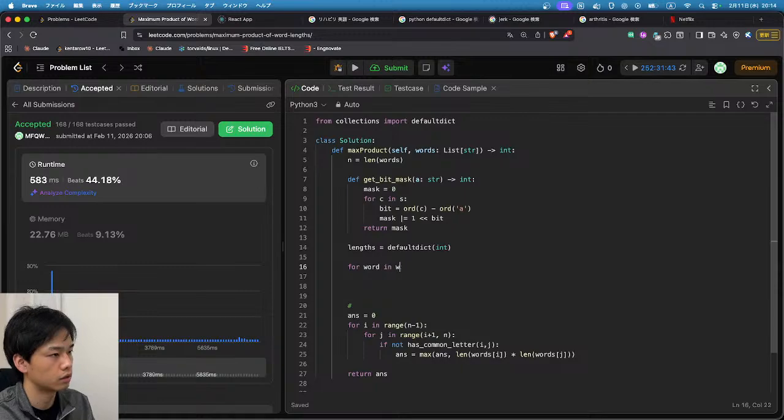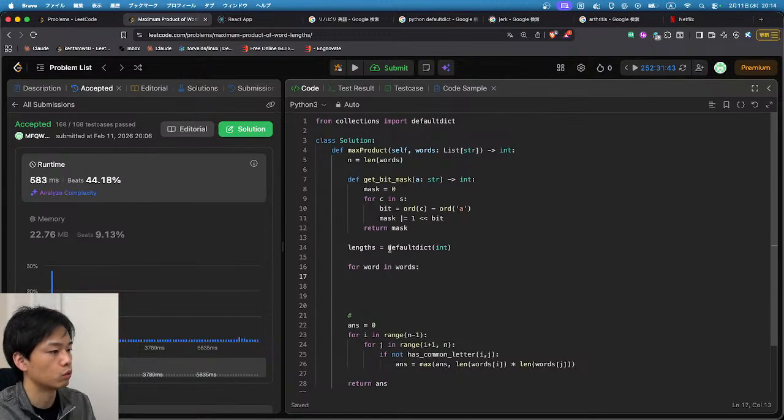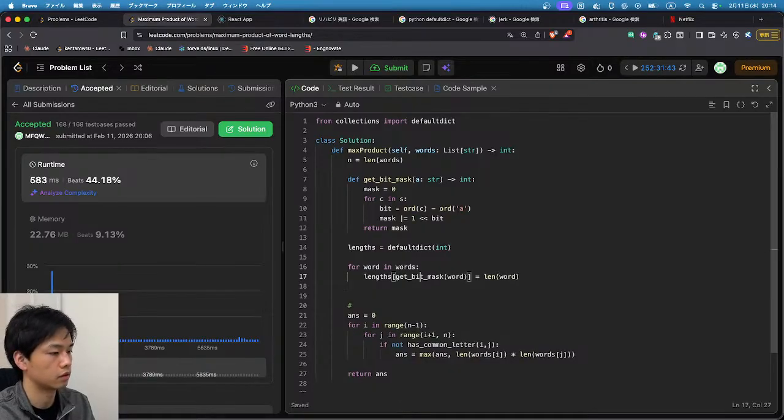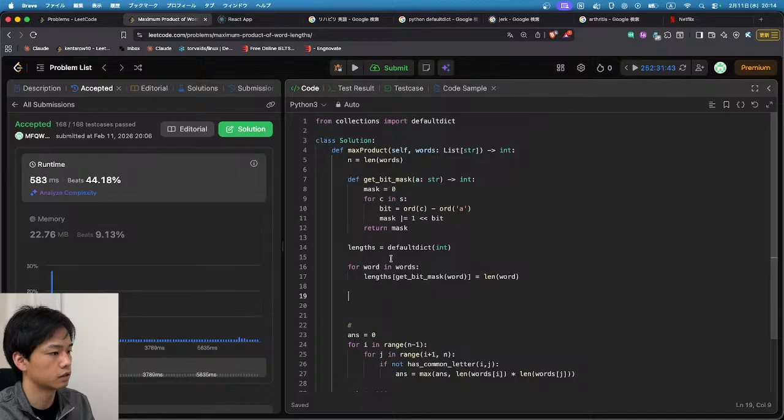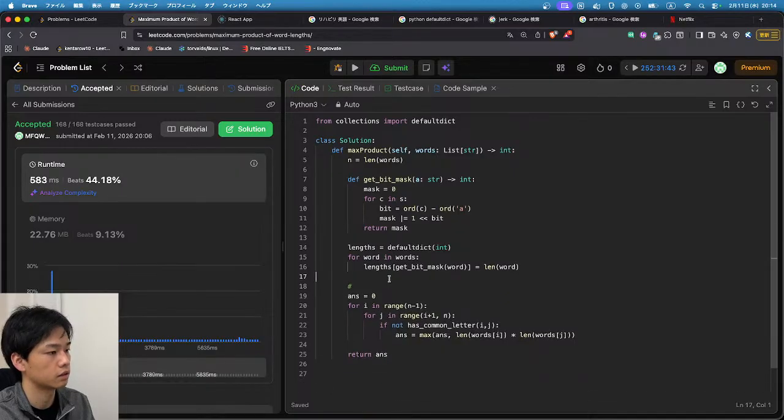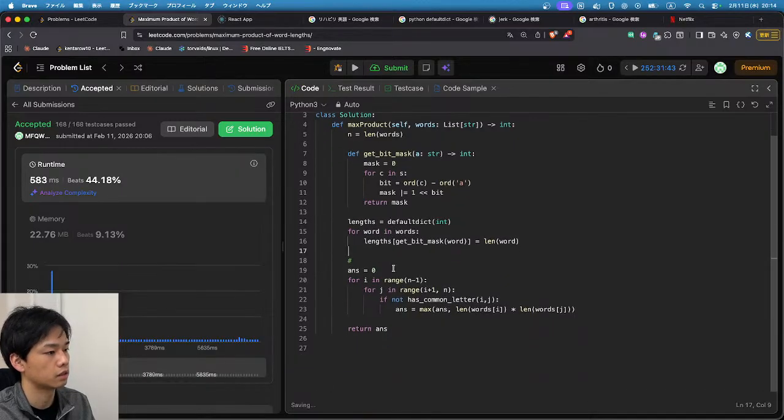Word in words, and length of get bit mask of the word. Like this, right? Yeah.